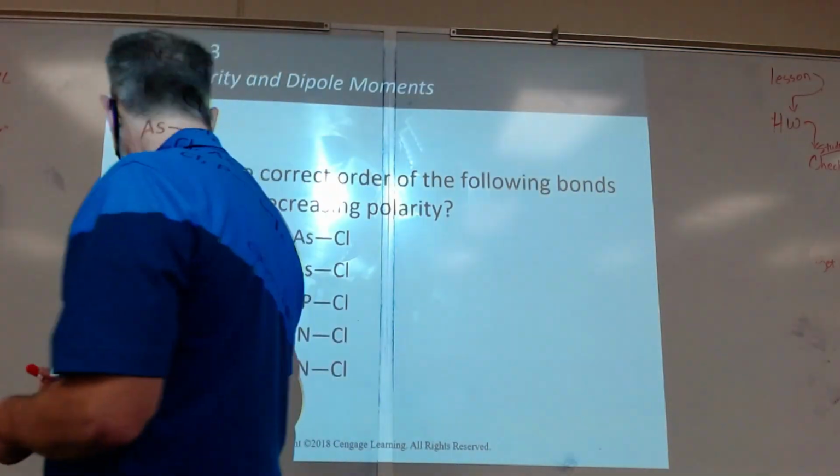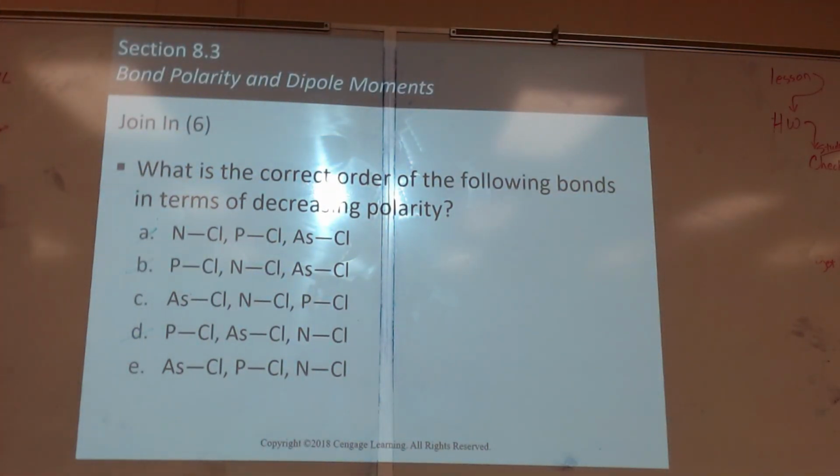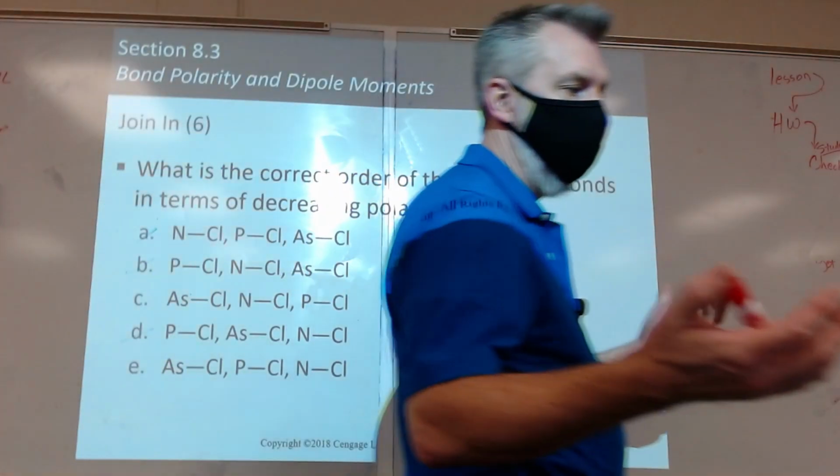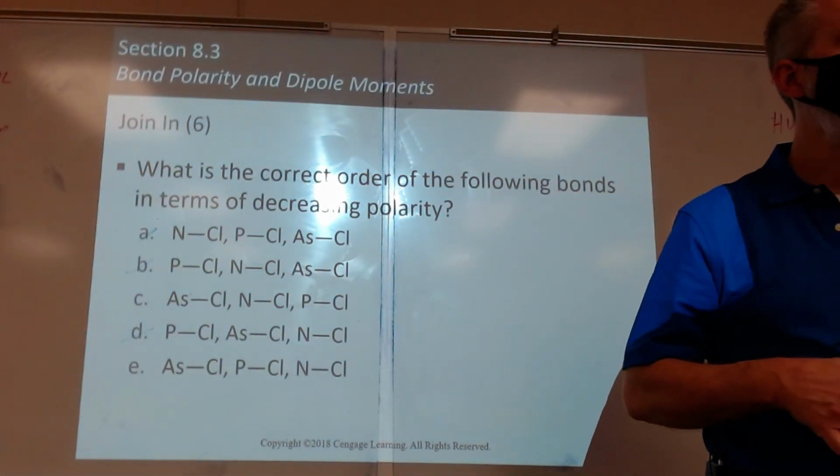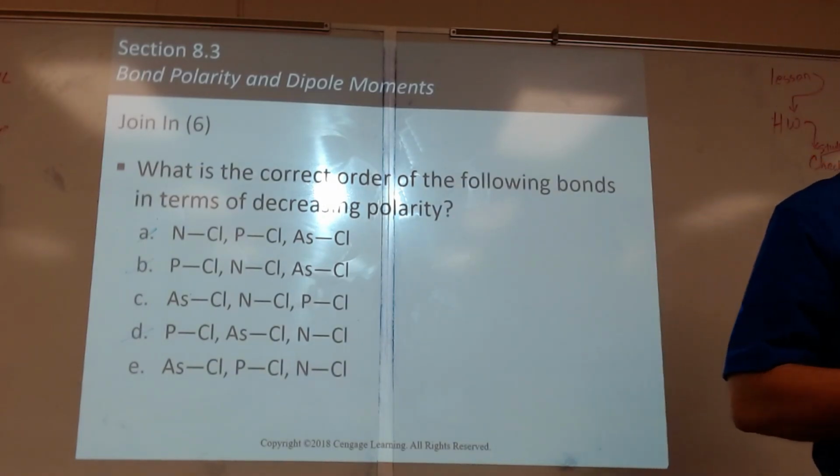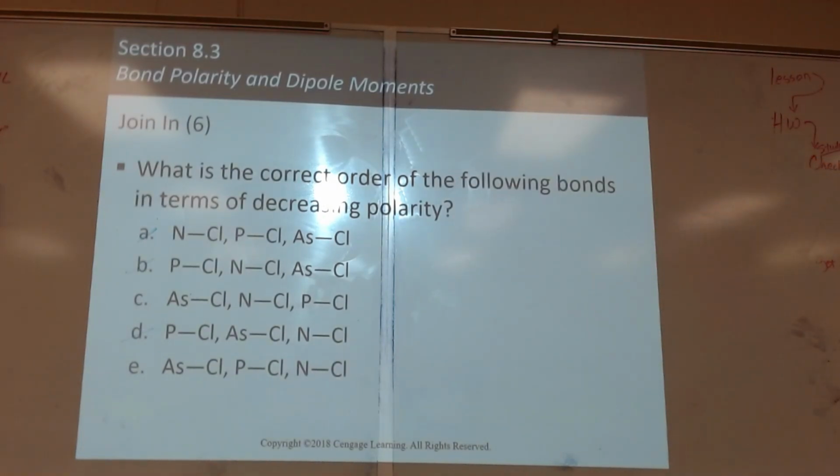Red one works. All right. What comes after arsenic? In terms of phosphorus, and then finally nitrogen. I thought they had the same. Because what we're looking at is arsenic, phosphorus, and nitrogen. And again, if you have your periodic table out.